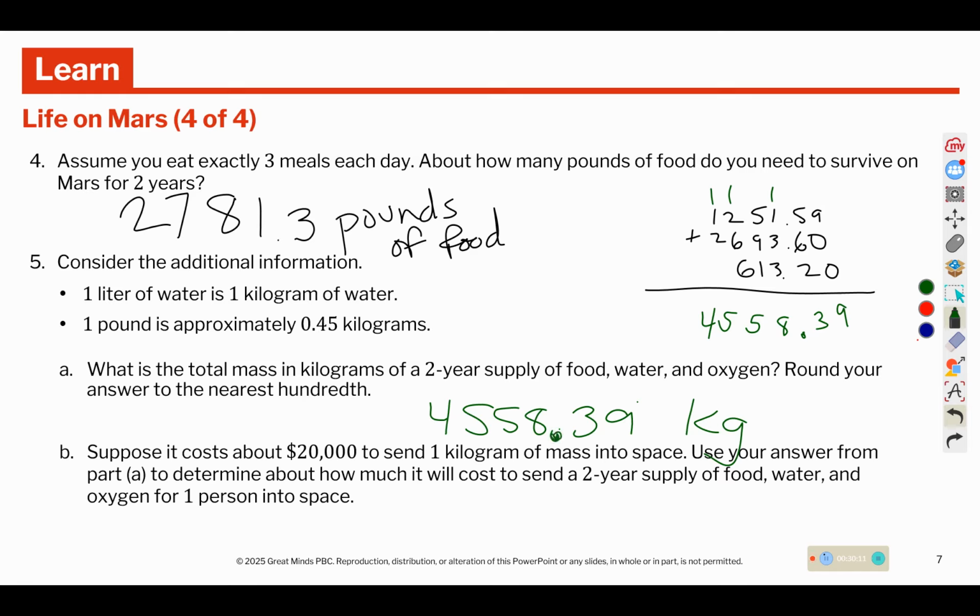Suppose it costs about 20,000 to send 1 kilogram into space. Use your answer from part A to determine about how much it will cost to send a 2-year supply of food, water, and oxygen for one person into space.